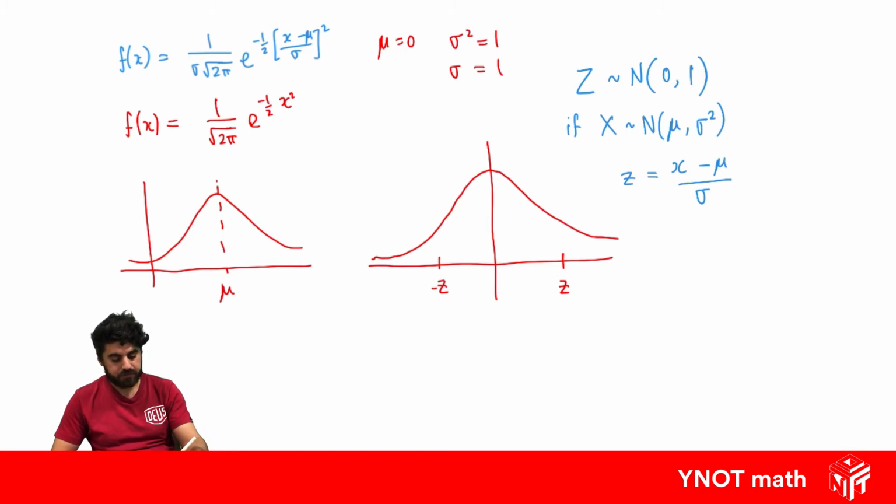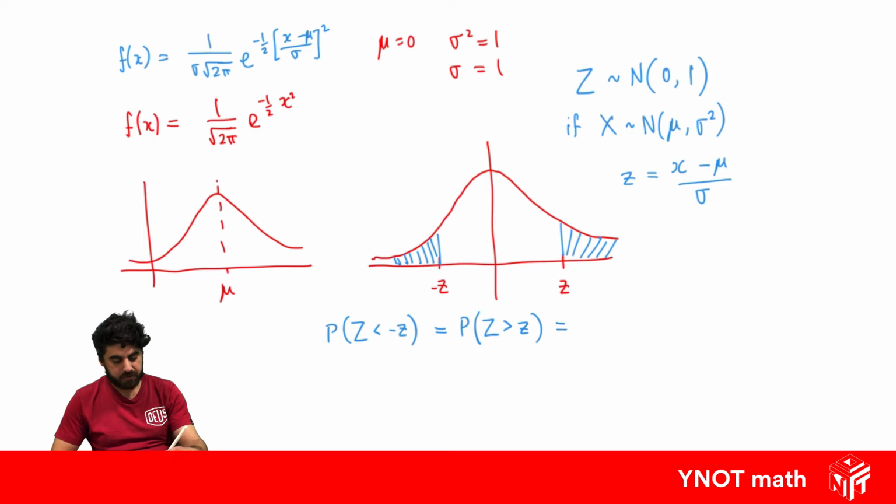And what would occur is that any area that was greater than Z would actually equal the area that was less than minus Z. So the way we can write that is we can say that if we wanted the probability that a score was less than minus Z, which is all of this area here, we can say that also equals the probability that a score is greater than Z, which is this area here.